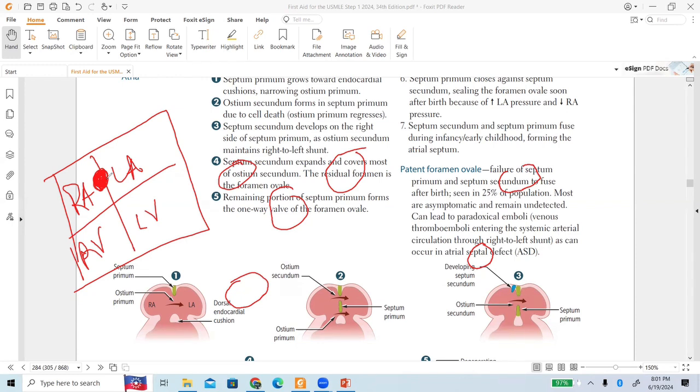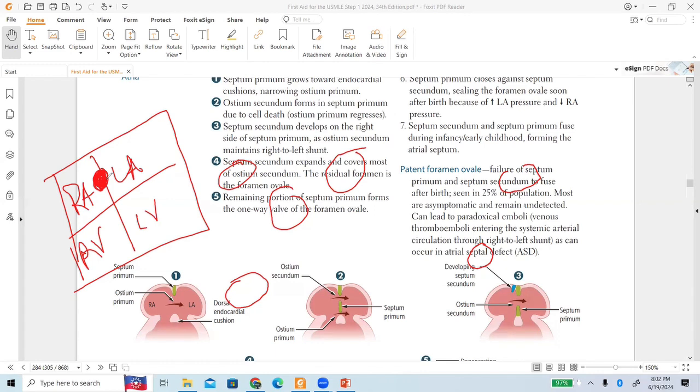Right to left. Are you sure? This is after birth, you mean? Yes, after birth. If it's after birth, it's from left to right. Yes. But if it's intrauterine, it will be the reverse. Yes, you are absolutely right.